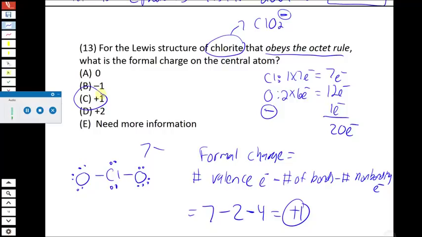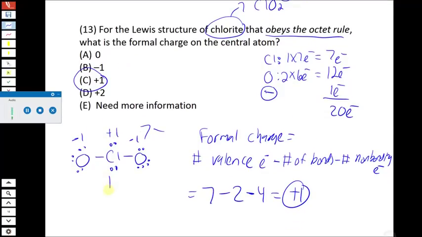All right, and because we were told to obey the octet rule, that's fine. As it turns out, we also have -1 formal charges on the oxygen atoms, if we were calculating them the same way. So if we wanted to minimize formal charge, which we're not doing here, but if we were asked to, we would have to draw 1 more double bond. Because in this structure, we have a positive next to a negative, so we can eliminate those by taking off 1 lone pair from the negative charge atom and making it a double bond.